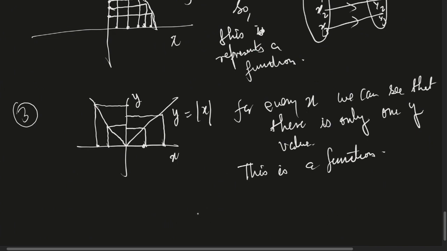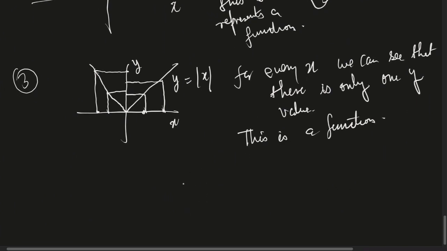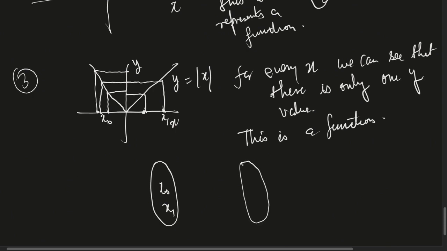Now you can observe one thing. What you can observe is, if you see this x and let us say some x here, let us say this is x0, this is x1, and both have the same y value.